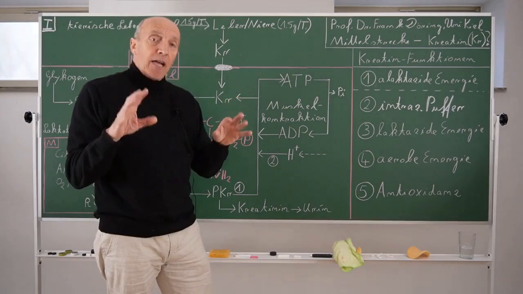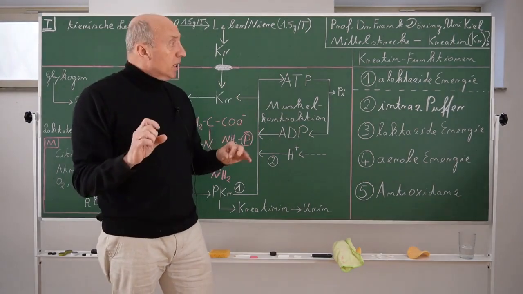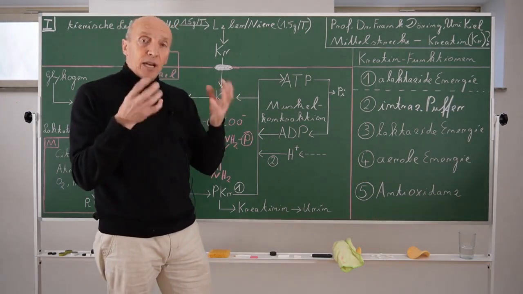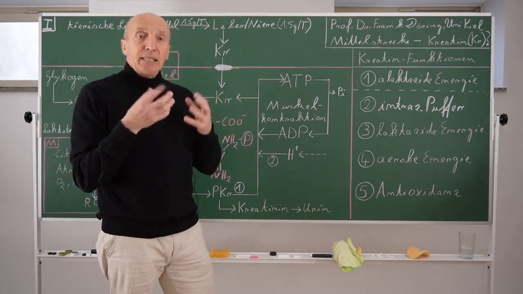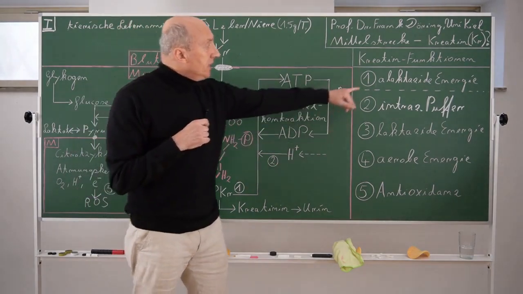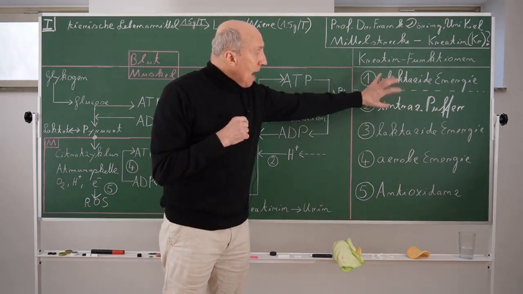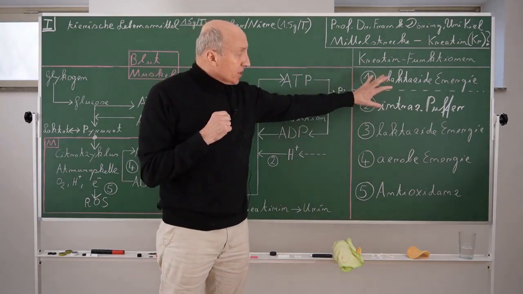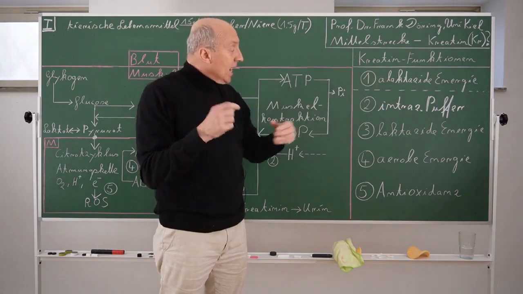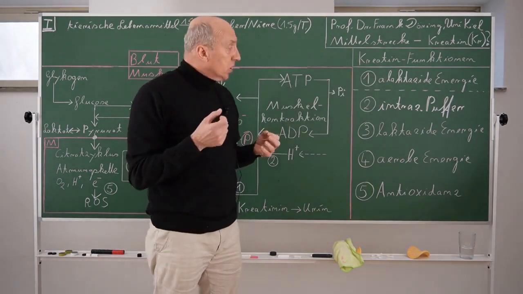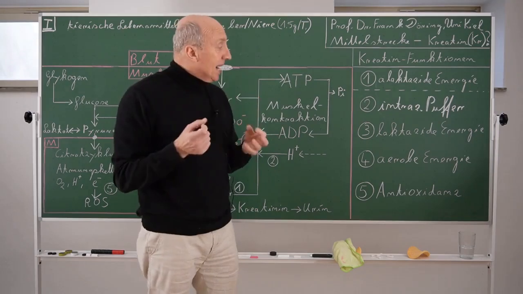So we have 5 functions of creatine that are now relevant here for middle distance runners, namely the alactacid energy supply, the buffering of hydrogen ions during the acidification of the muscles during heavy exertion.